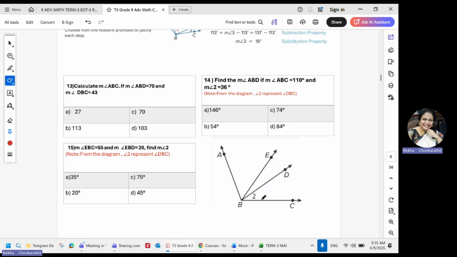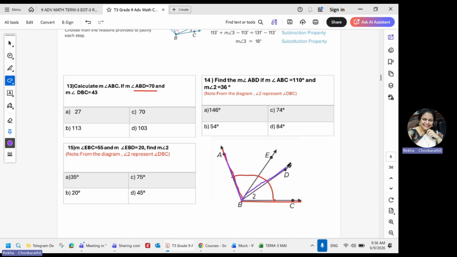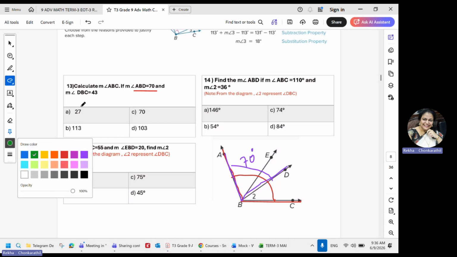Can you see ABC? Let's see. This is A, B, and C. This is the big angle we are asked to calculate. What is given to us? Angle ABD is given. Isn't it this angle? ABD. This angle is given to you, which is as 70 degrees. And what is the other part given to you? The other part is angle DBC.